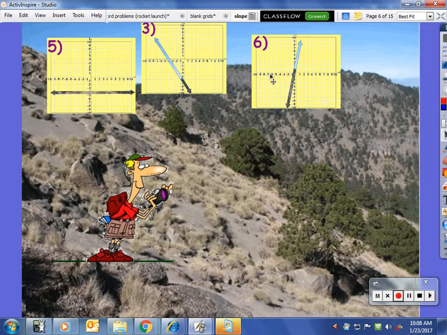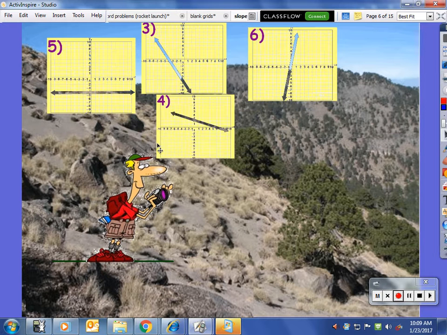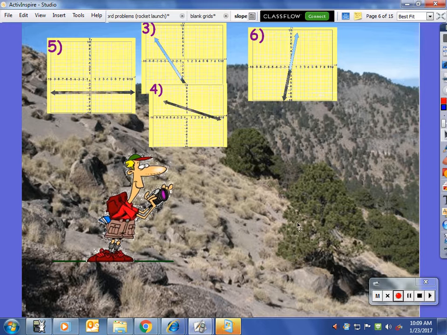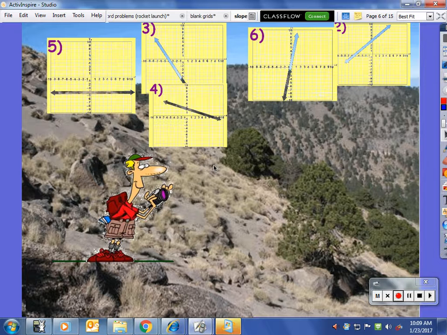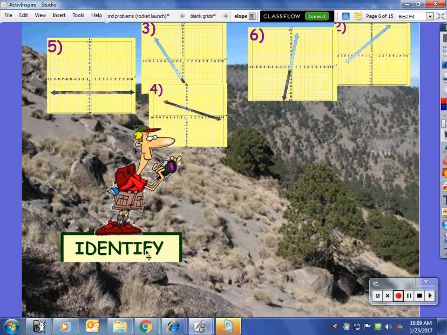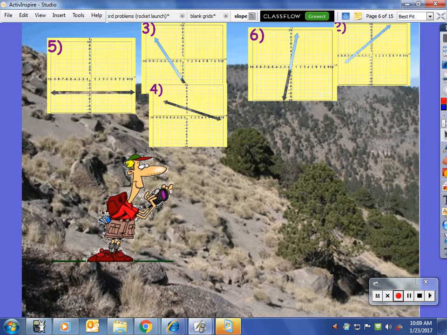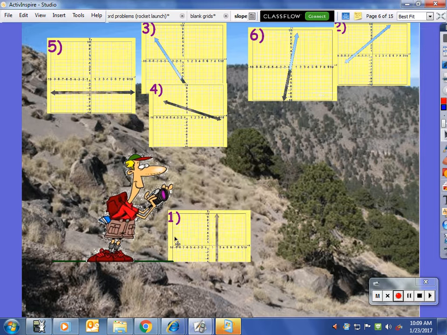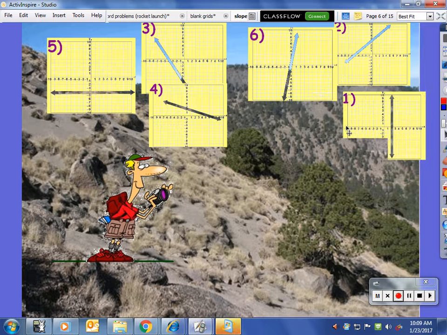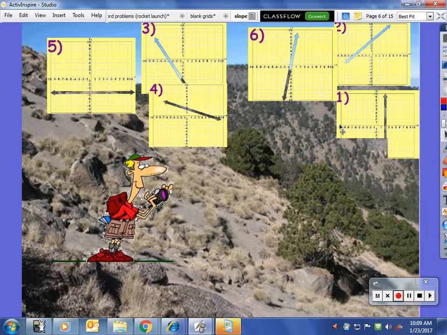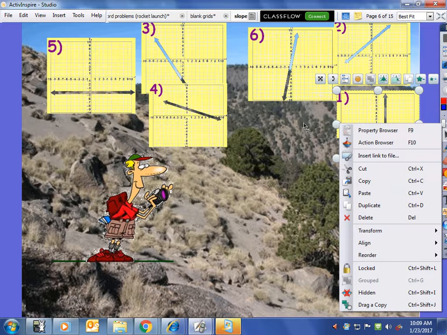What kind of slope is this? Positive. Negative. Positive. Identify the slope. Oh, here we go. What is this? Undefined. Undefined's a vertical line. You've got to know that.